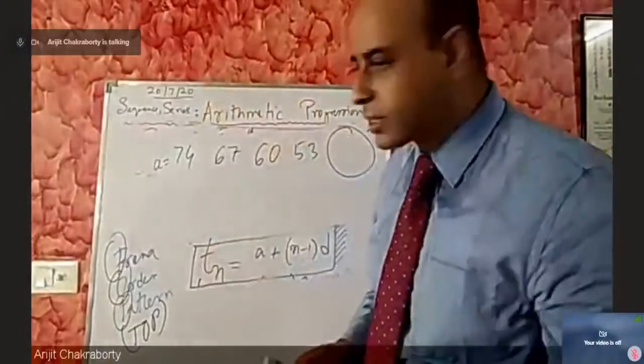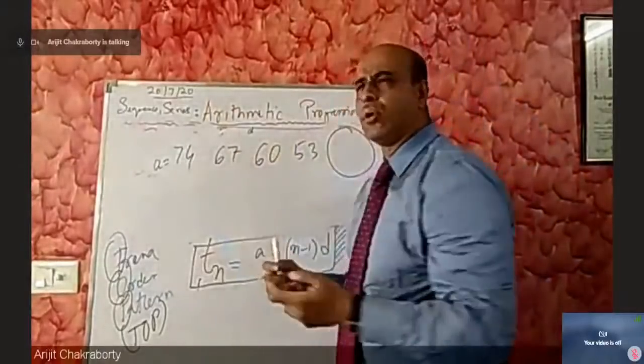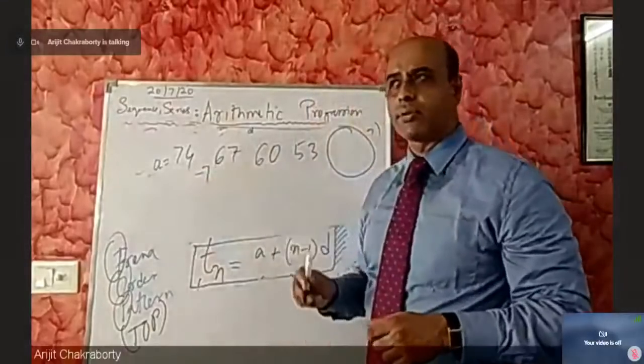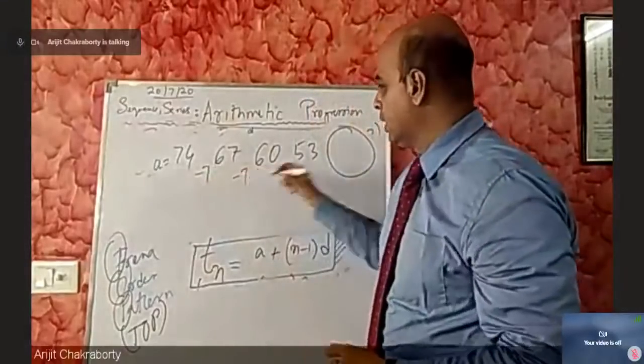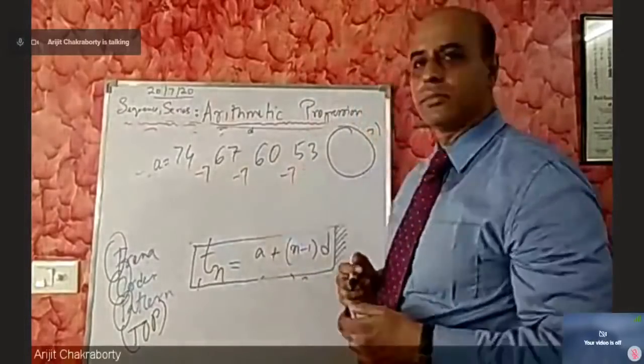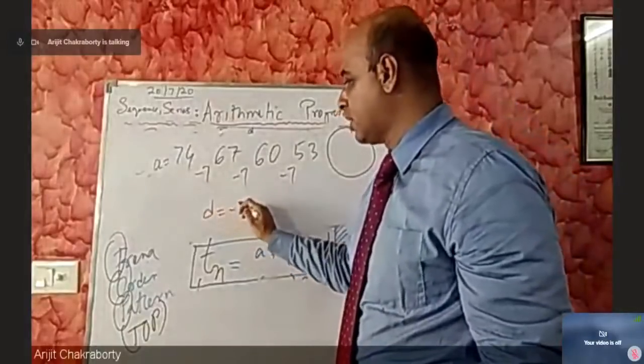Is it an arithmetic sequence? Let me see. 67 minus 74. Okay, it's minus 7. Oh, minus 7. 60 minus 67. Minus 7. 53 minus 60. Again, minus 7. Fine. So, from here I can see the difference is minus 7.